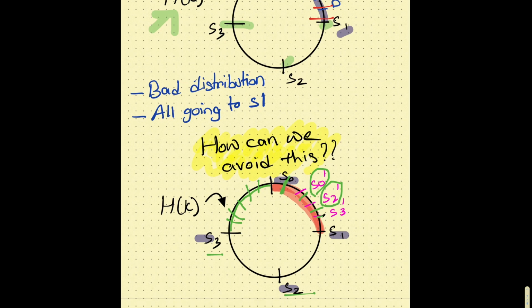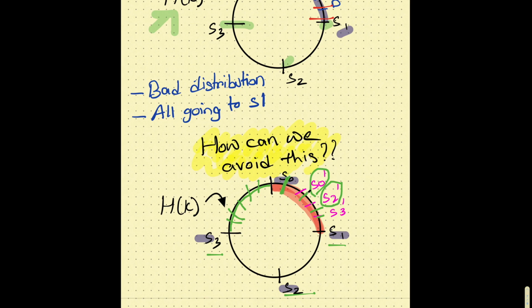But by dividing the segment into these virtual nodes, what we're saying is, I know there are no actual machines over here, but there are these virtual machines called virtual nodes, so put them in there. If I get a request over here, instead of going all the way and storing it in S1, go and hit the first virtual node, S0 prime, which is the same as saying the data should be in S0.